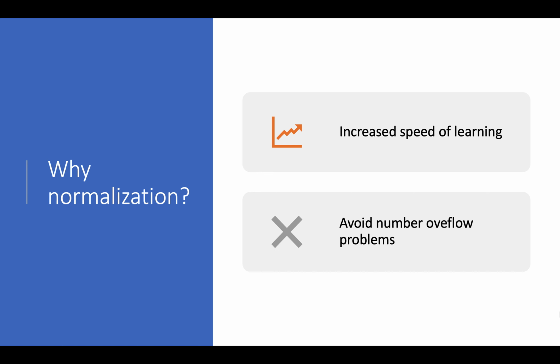When you update the weight parameters, you use the partial derivative of the mean squared error with respect to these two weight parameters. And if x1 is in the range of, for example, 0 to 1000, and x2 in the range between 0 and 0.001, then the derivative with respect to the larger feature will dominate the update.